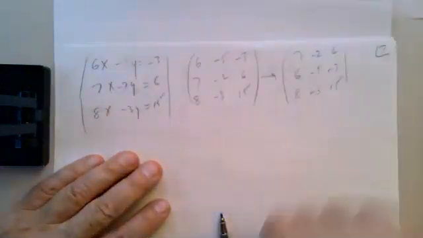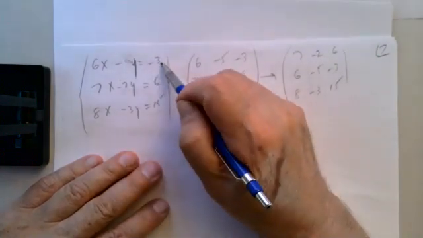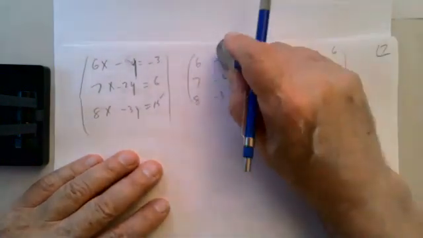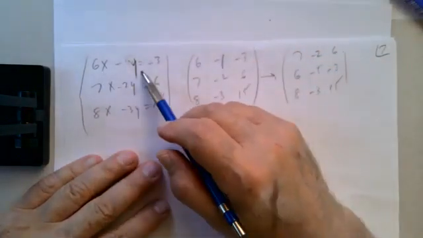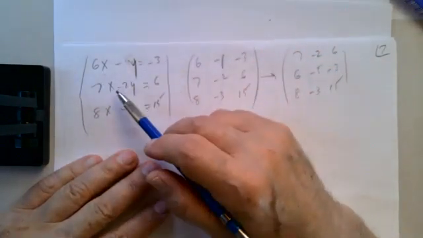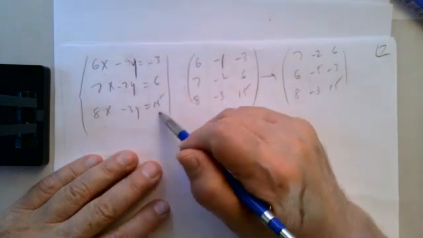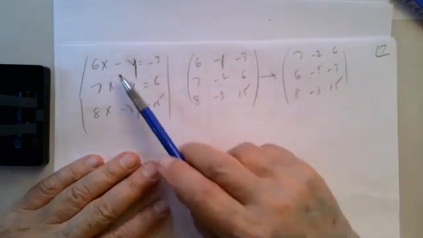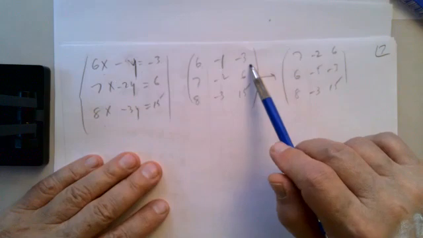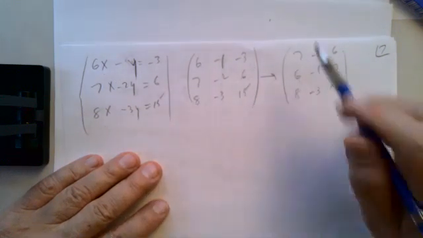The equations I wanted to write down were 6x minus y equals minus 3. So this should be a minus 1. 6x minus y equals minus 3, 7x minus 2y equals 6, 8x minus 3y equals 15. So the augmented matrix is 6 minus 1 minus 3, 7 minus 2, 6, 8 minus 3, 15.